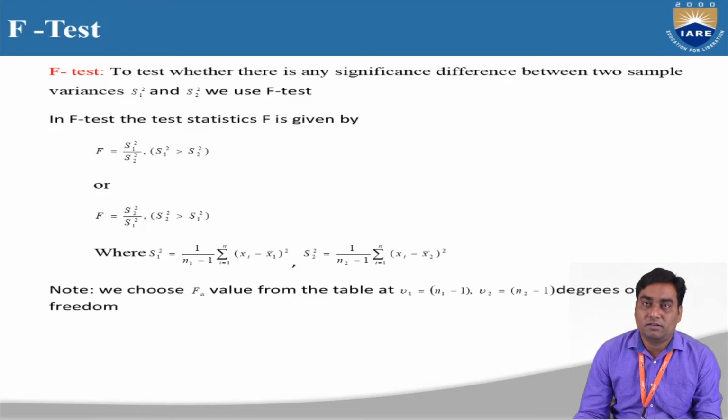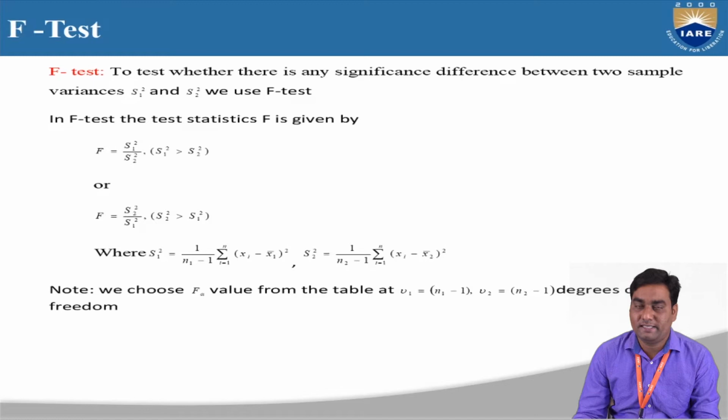Before starting the F-test, in the previous sessions we completed two tests: the t-test for single mean and the t-test for difference of means. The t-test for single mean is used only if the problem consists of a single sample.